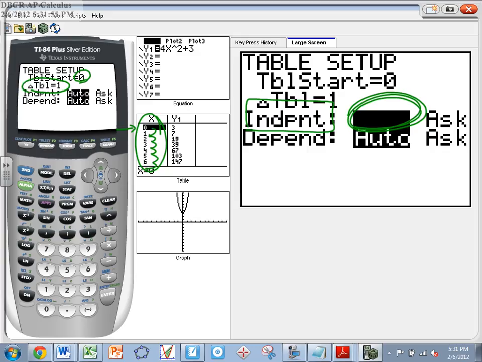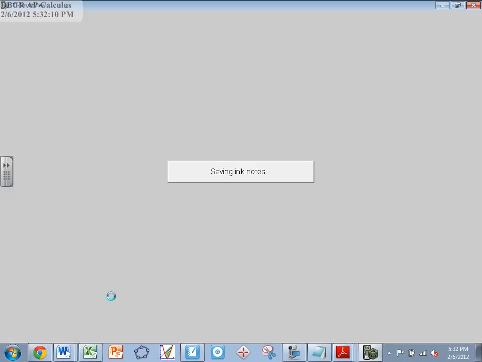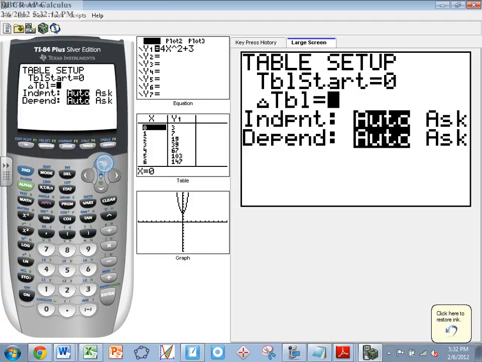Now, those things mean nothing. All I want you to do is change your independent setting to ask, so that you can ask the calculator for a value and it will automatically give you the y value. So if you haven't done this already in my class, go down to independent, meaning the x value, the independent variable, and change that to ask.